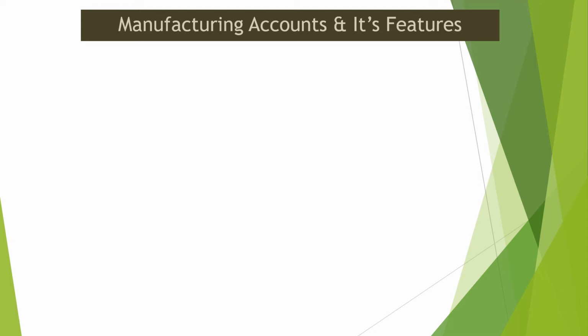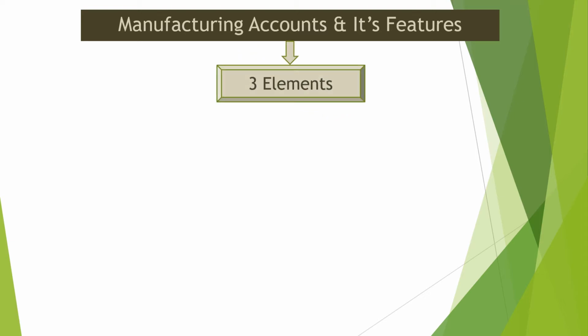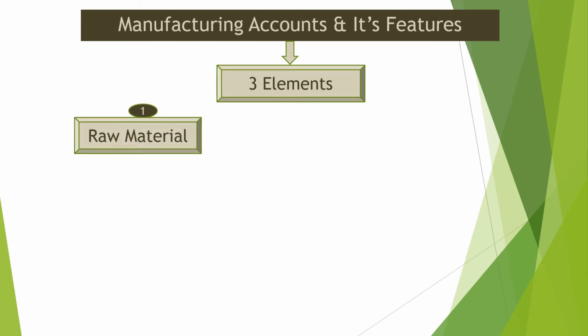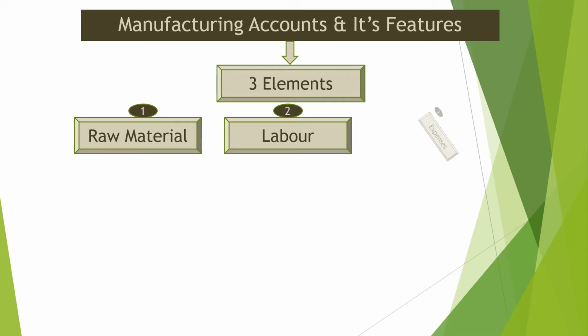Anything which is produced or made has three elements: raw material is required, then labor is engaged to produce, and certain expenses are incurred to complete the production.